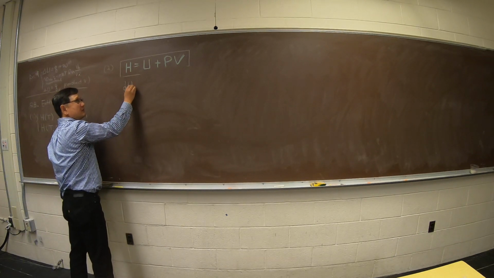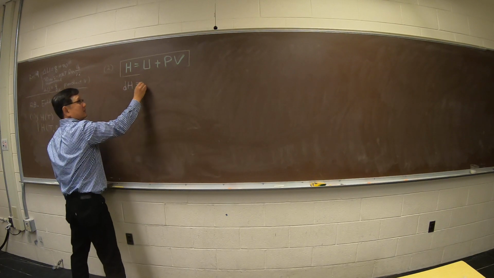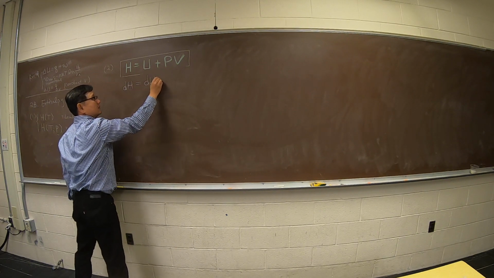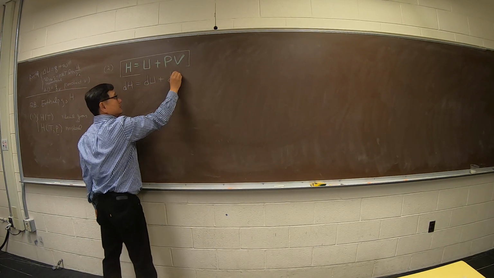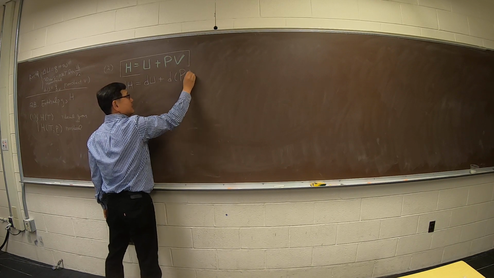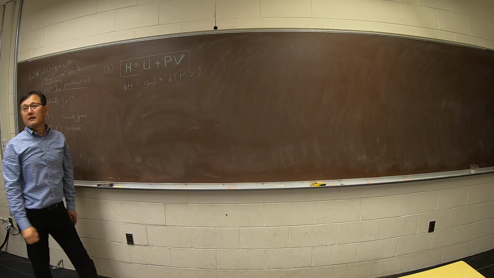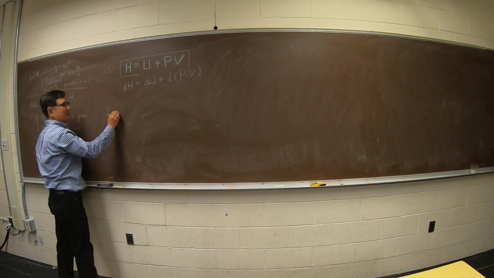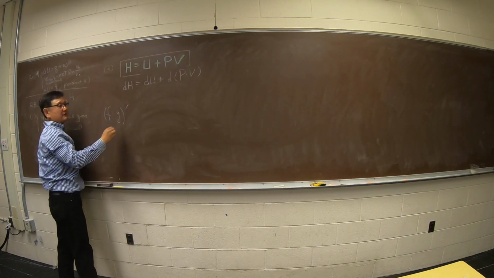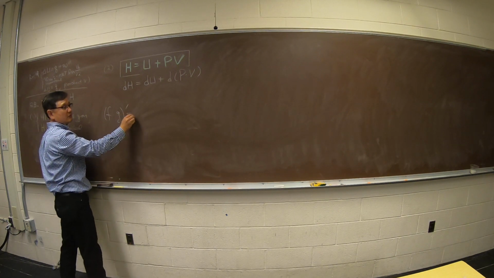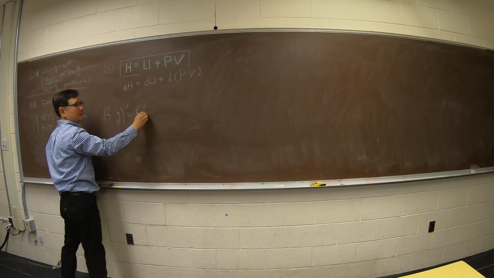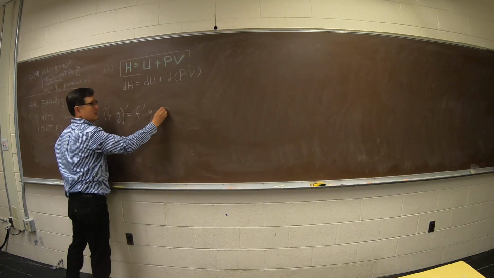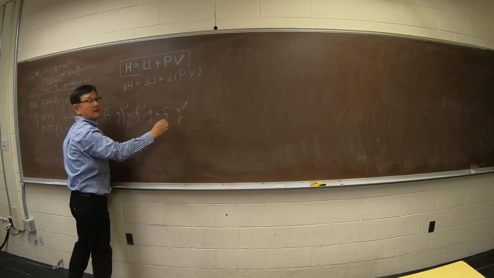Take the differential, right? dU plus dP times V. Do you remember your calculus class? If you take the derivative of two functions multiplied, what do you do? Derivative of f times g, plus f times derivative of g. Do you remember this?